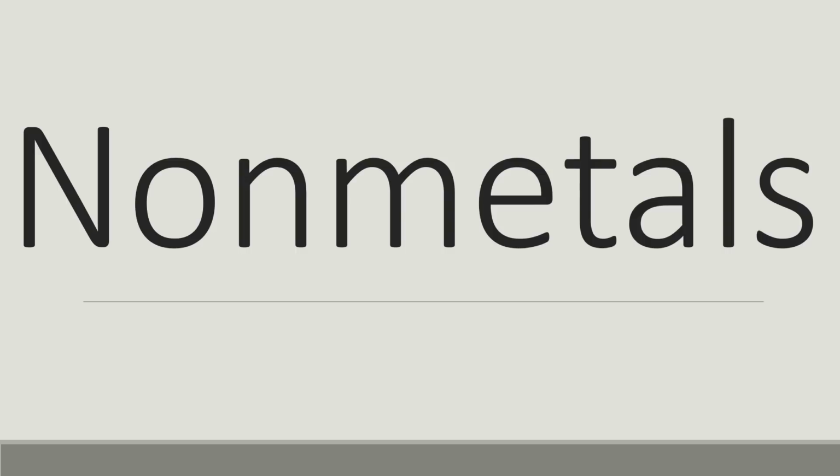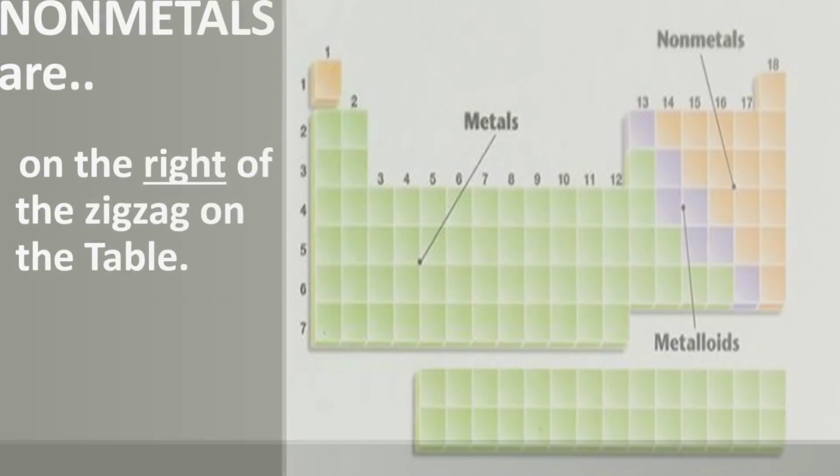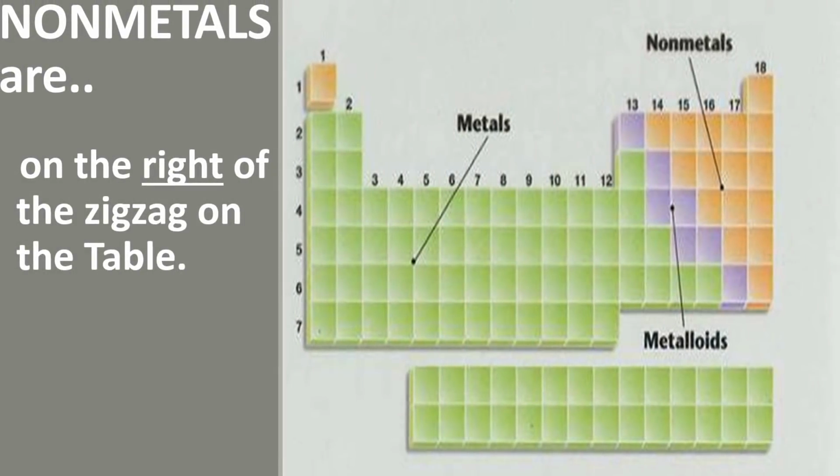Now, on the other side of the spectrum, we have the nonmetals. So nonmetals are going to be on the right of the zigzag. So this orange area that I'm circling right now, as well as over here with the hydrogen.